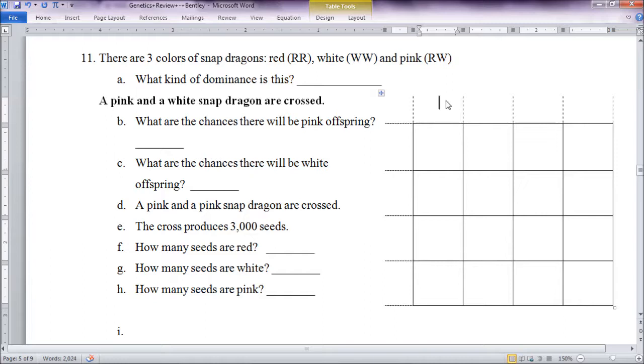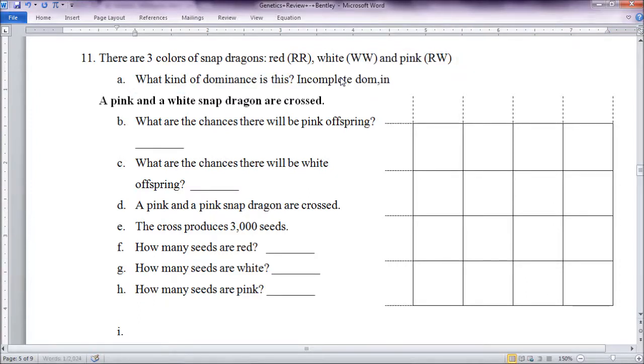Okay, so there are 3 colors of Snapdragon. We have capital R, R, red, capital W, W, white, and pink, big R, big W. So this is something called incomplete dominance. Lovely. So first of all, this is not a dihybrid question.